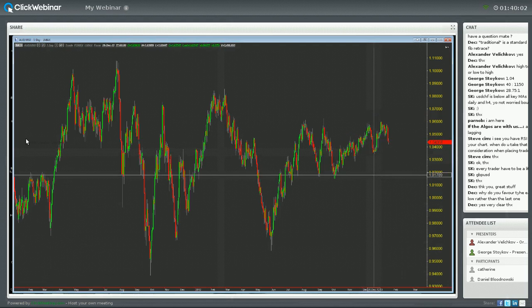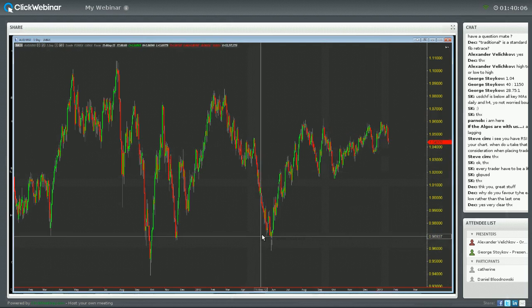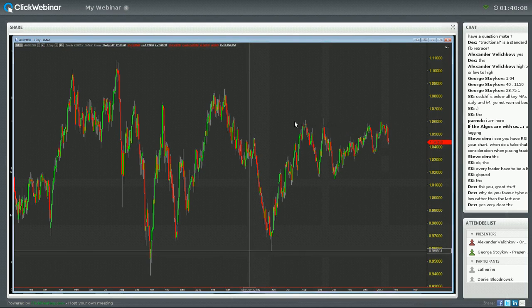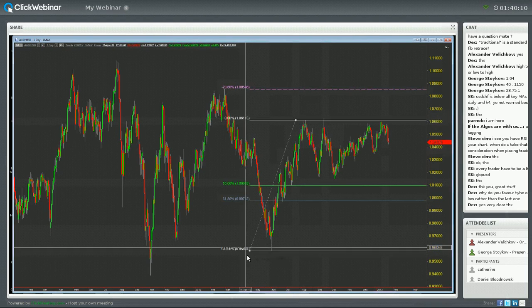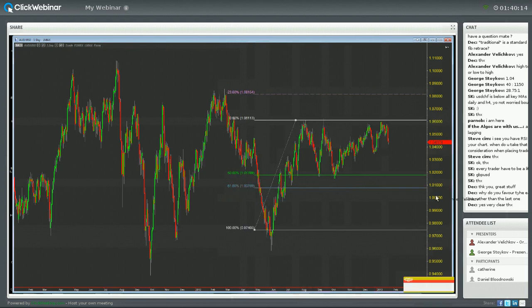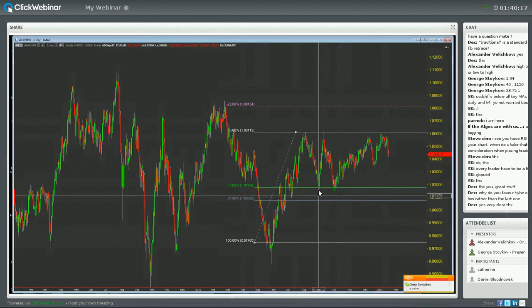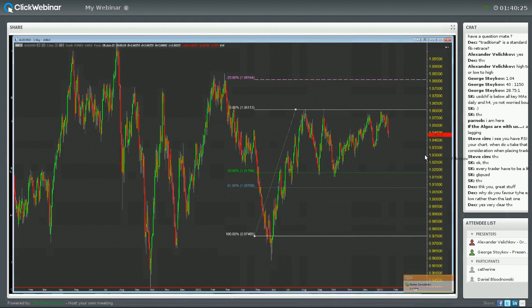What I have on my daily graph is a full halfway back, which is a bit awkward. As you can see, it traded 2 times over here. There was a retest.